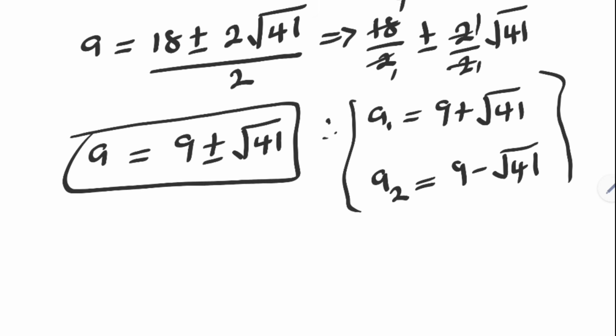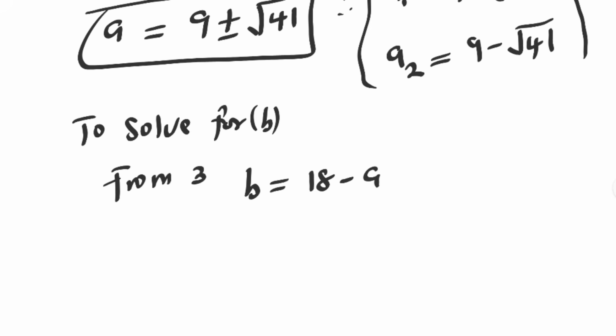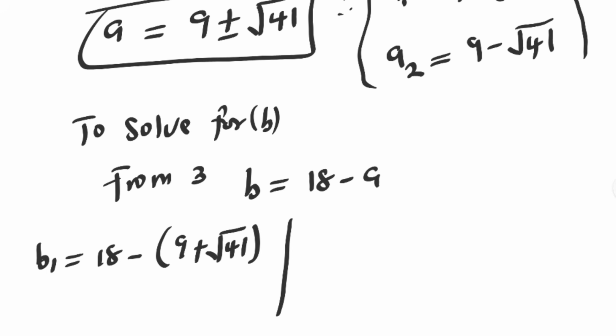We've gotten the value of A1 and A2. Let us solve for B1 and B2. To solve for B, from equation 3, B is equal to 18 minus A. Now B1 is equal to 18 minus A1, which is 9 plus square root of 41, and B2 is equal to 18 minus A2, which is 9 minus square root of 41.